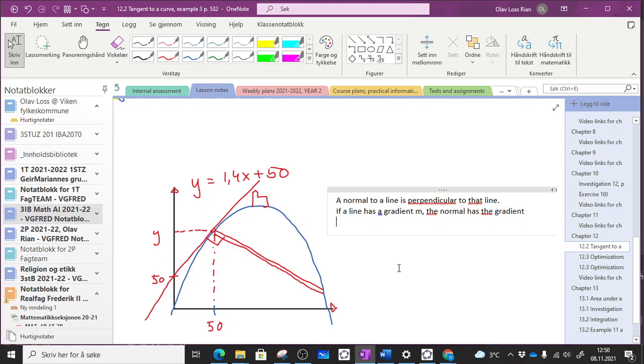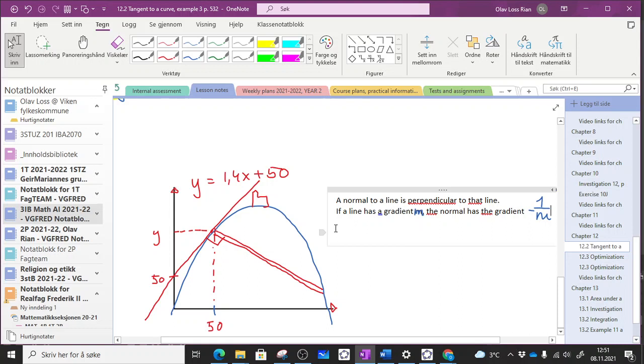I'm going to draw that instead. That's a bit easier. So if a line has a gradient m, the normal has the gradient minus 1 divided by m.